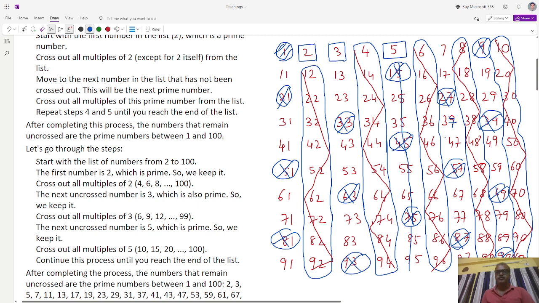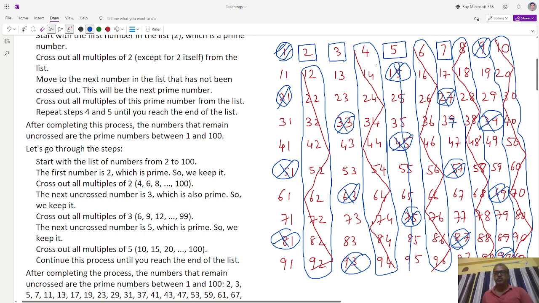So we have to find the next number which is not crossed out after 5. We see that 7 is not crossed, so 7 is a prime number. Then we have to cross out the multiples of 7, keeping only 7 itself.